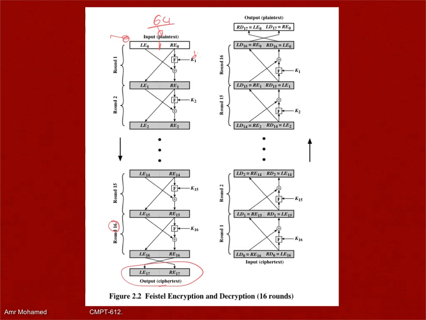Okay, so if you look visually, we can simply say that the right element of i, at any round, at any stage, is in fact the function, which is called the round function.